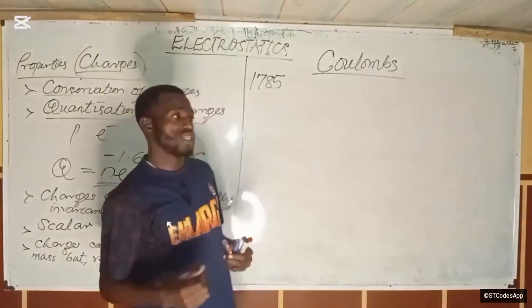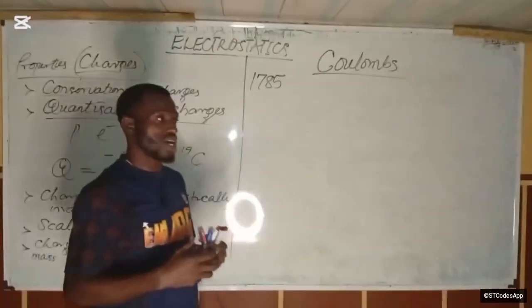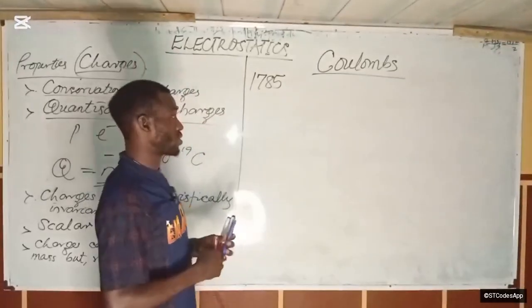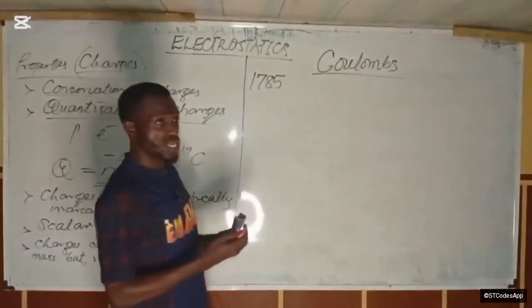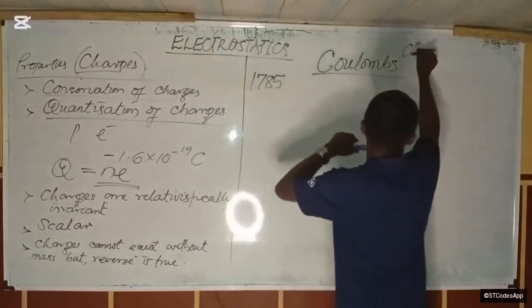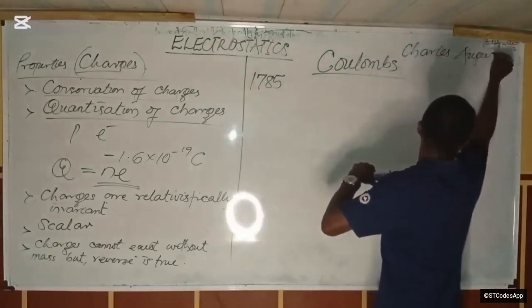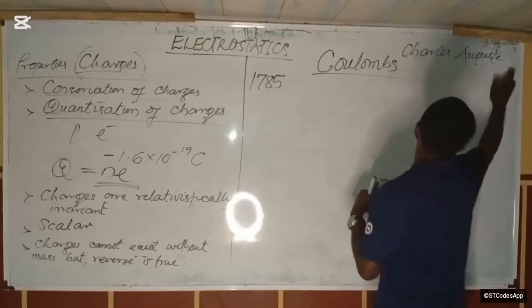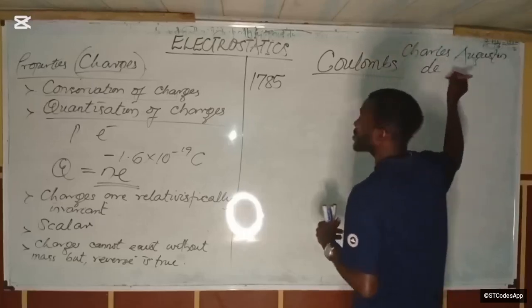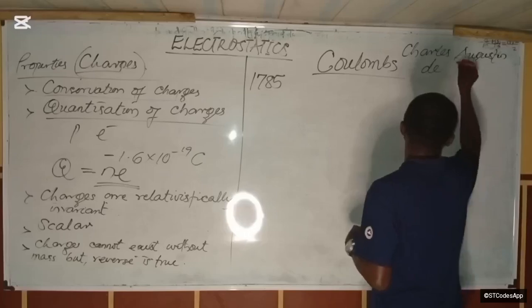He showed us the force of attraction or repulsion between them, the nature of the force and how to calculate it. His name is Charles Augustine de Coulomb.